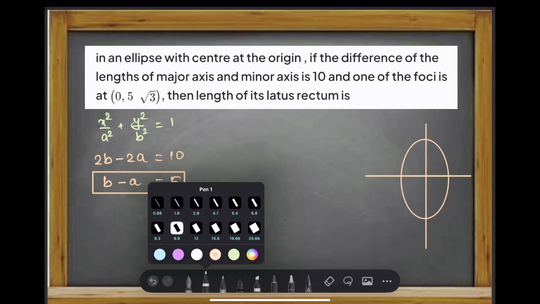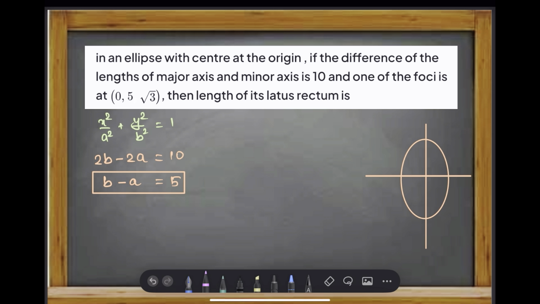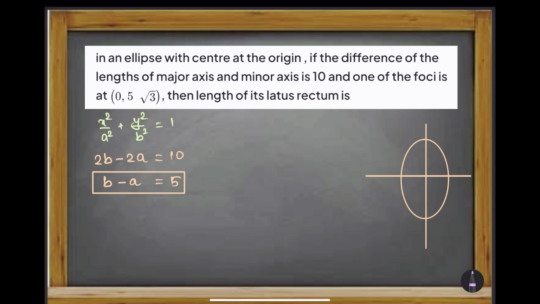Now look at this, they have provided you this point. This point is foci. You know that x is 0, so it is (0, b), it is positive, that's why it is above the x axis.